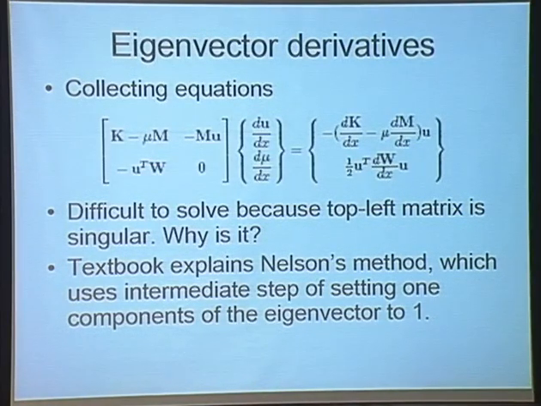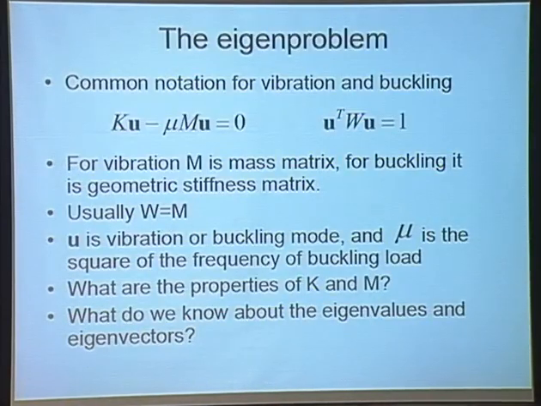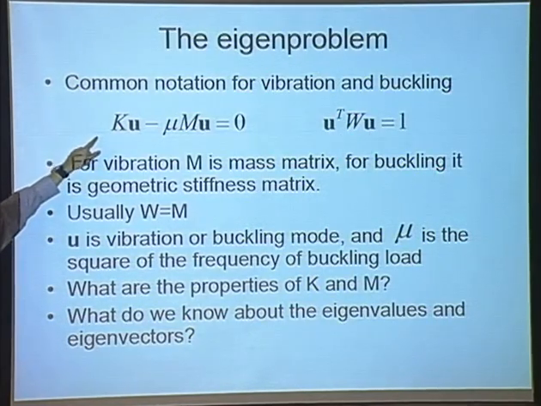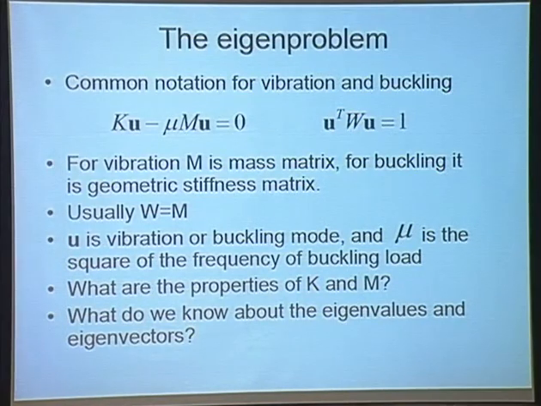Okay, let's go back a bit. When we solve this eigenvalue problem, how do we actually do that? If you had to do a problem by hand, let's say I gave you a 2x2 K and a 2x2 M, and you had to solve for the eigenvalue, does anybody remember how to do that?